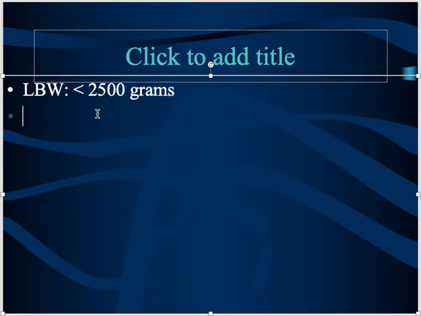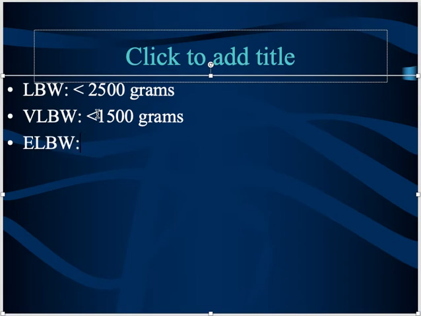Then there is a term called VLBW, which means very low birth weight. It is all the newborns who are weighing less than 1500 grams, or 1.5 kilograms. And one more term is extremely low birth weight.